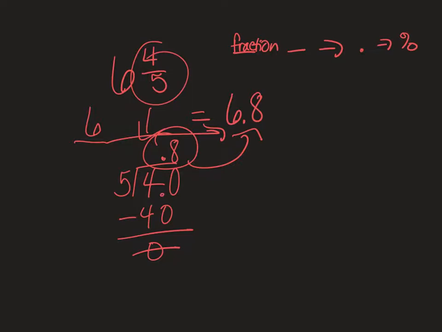Now, to make a decimal into a percent, you're going to move your decimal 2 places to the right, which goes like this, 1, 2, which gives you a whopping 680%. And yes, some of your answers will be that large, okay?